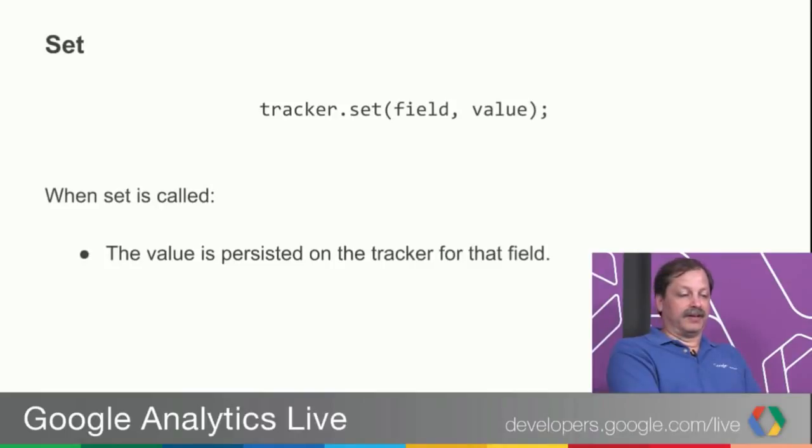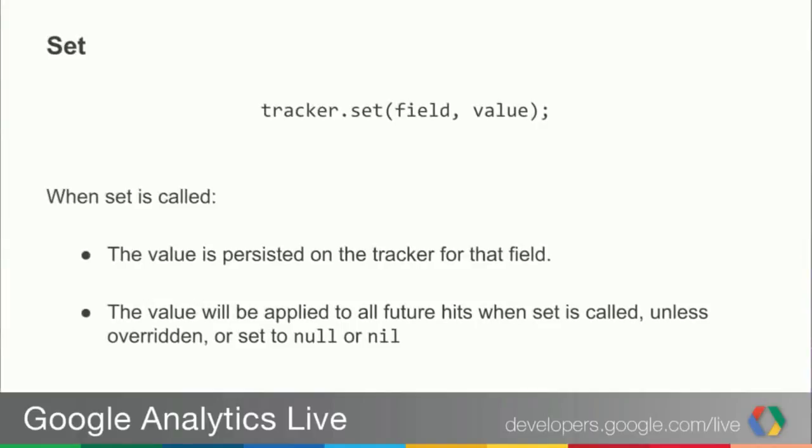So if you have certain fields that you want to be set on every hit, but you don't want to set them in the map builder every time, you can simply call set.